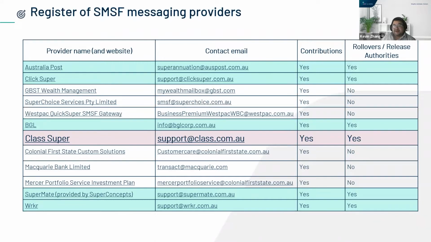The next page, I want to show you the current register of the self-managed super fund messaging providers. There are temporary exemptions where the ATO allows some self-managed super funds that currently do not have a proper electronic service address that can receive rollovers and release authorities to continue to use their address and process release authorities and rollovers by paper.